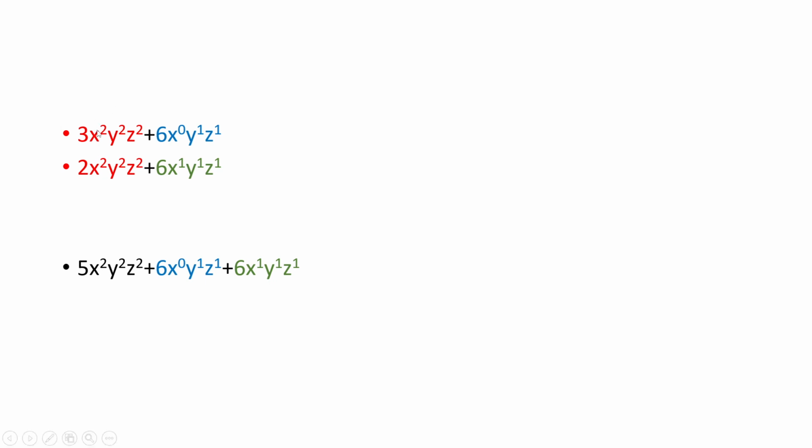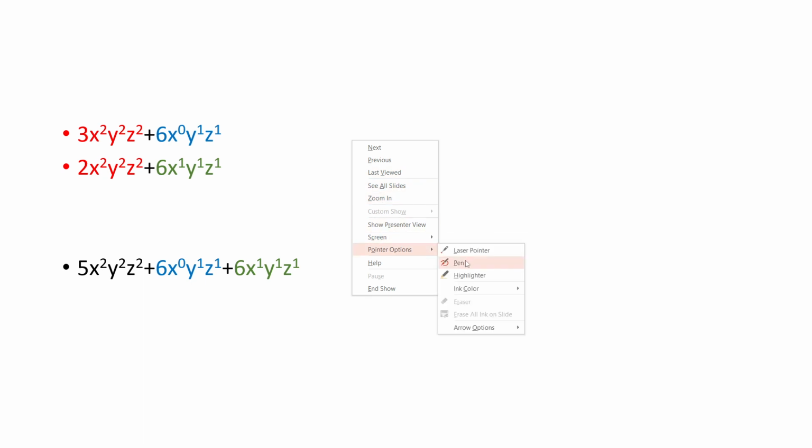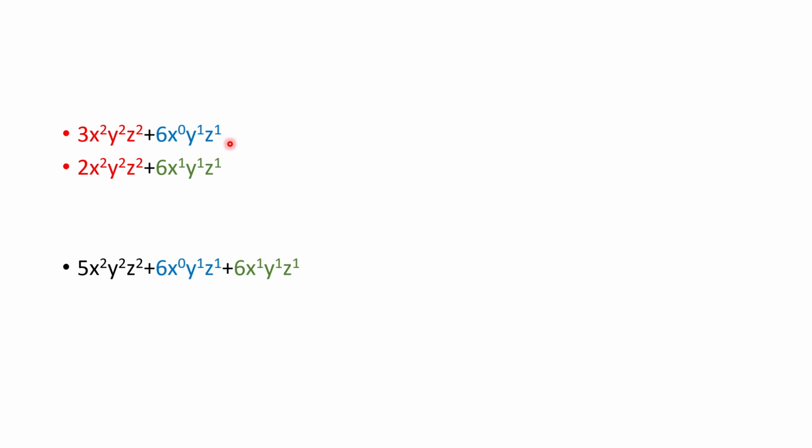Let us take an example. This is polynomial A and the other one is polynomial B. This is polynomial A, this is polynomial B, and this is the sum. Here, one thing that we have to keep in mind is that a particular term like x square, y square, z square will not be repeating anywhere in the polynomial. That is the assumption.